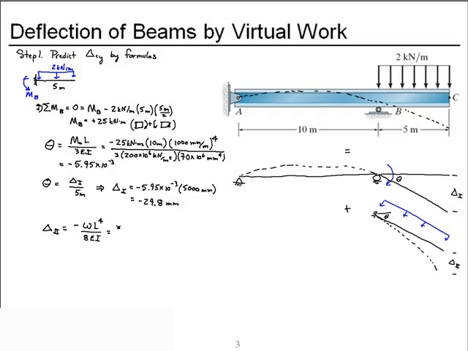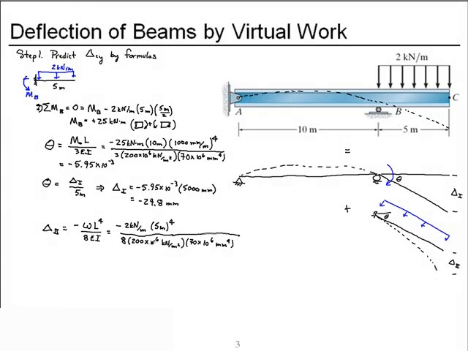So that equals a minus 2 kilonewtons per meter times the 5 meter cantilever length raised to the fourth over 8 times the 200 gigapascals, which is 200 times 10 to the sixth kilonewtons per meter squared, and our moment of inertia, 70 times 10 to the sixth millimeters to the fourth.